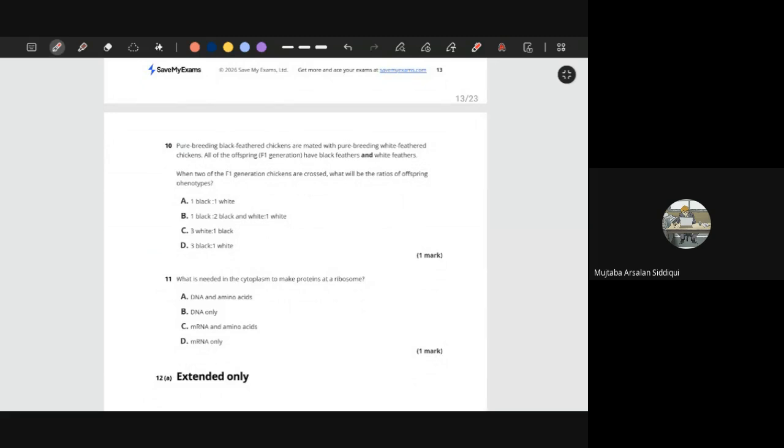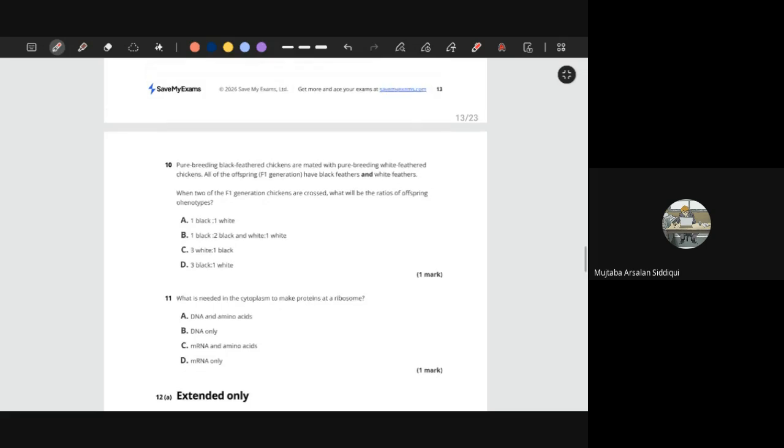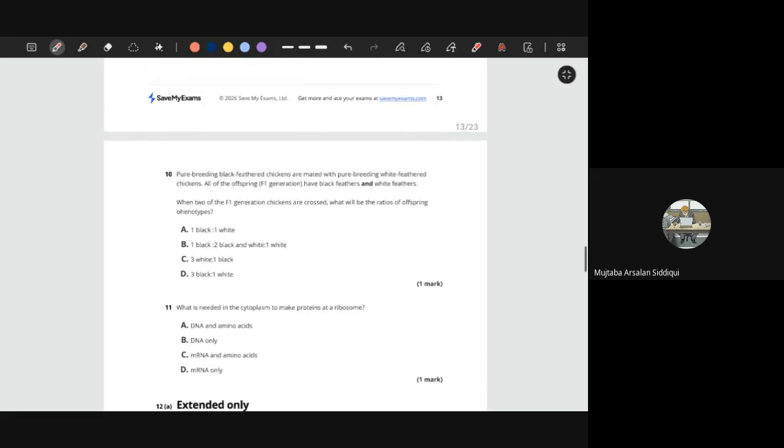Breeding chickens. When two F1 generations are crossed, what will be the ratios of the offspring? So these are heterozygous codominant because they are black and white, right? So we're talking about black and white crossed with black and white.